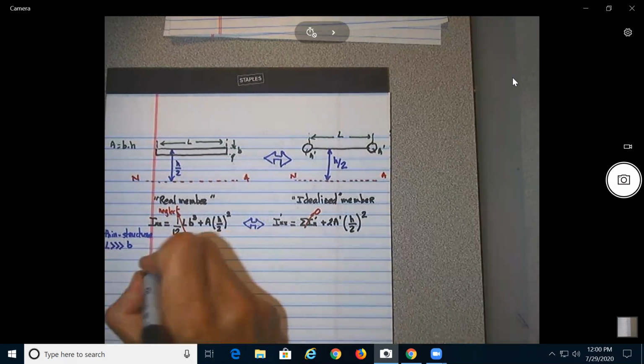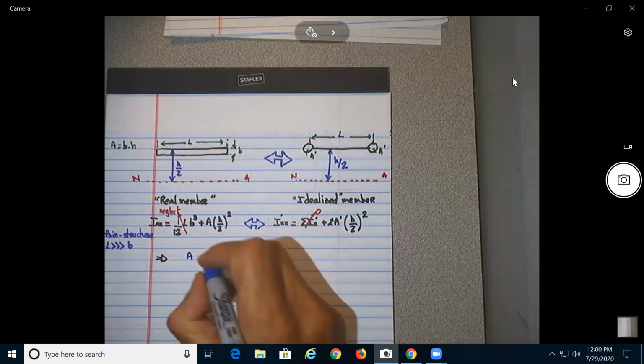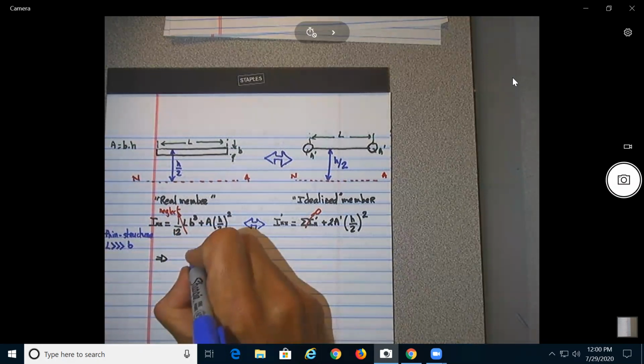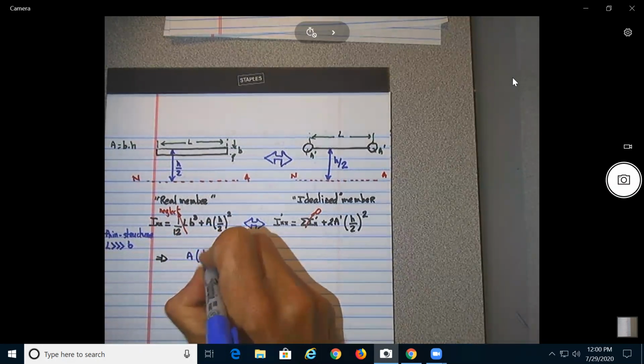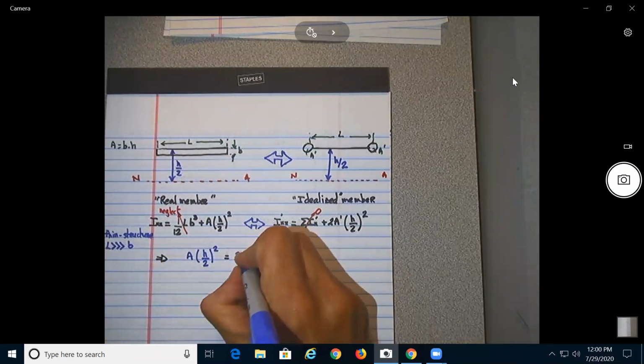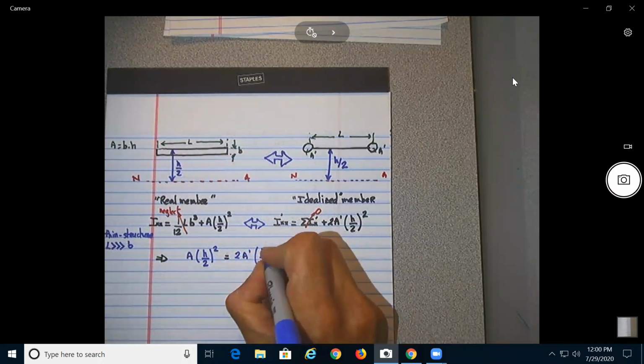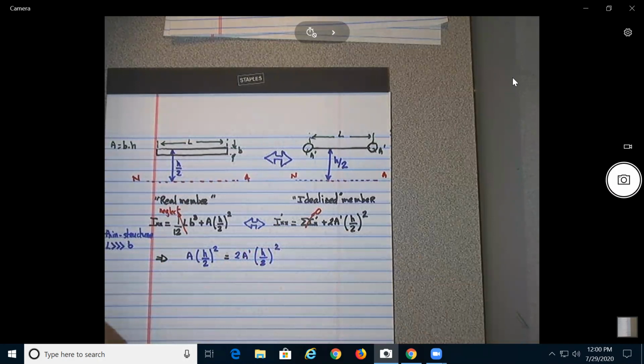So now, if we solve over here, these two need to be equal to each other. So we're going to have A of H/2 squared needs to be equal to A prime of H over 2 squared.